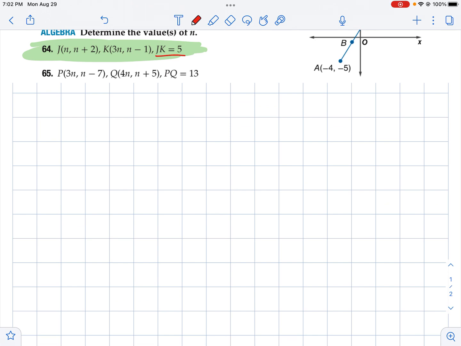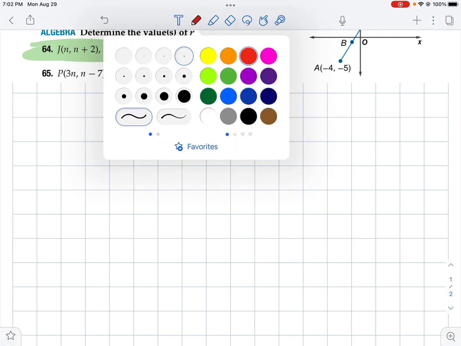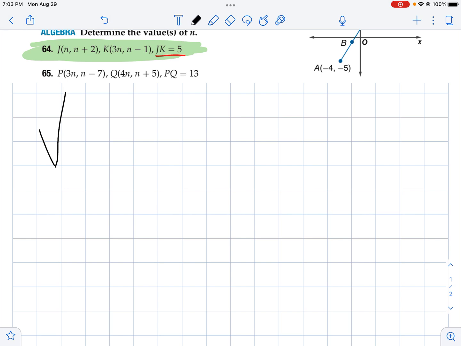Well, if I'm doing distance, I know my distance formula. Let me set that up. The order of those two really doesn't matter.